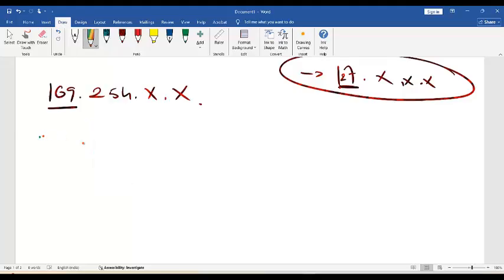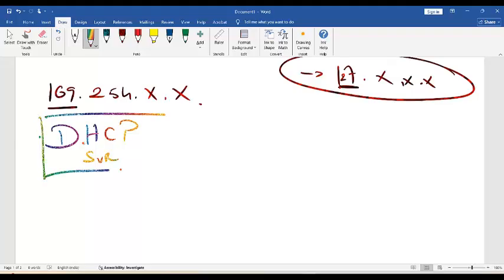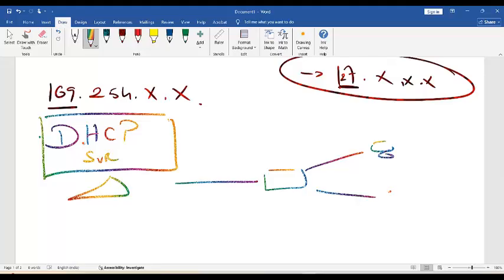What is that special purpose? Whenever a DHCP, Dynamic Host Configuration Protocol, server fails to give an IP address, these PCs will generate this address.